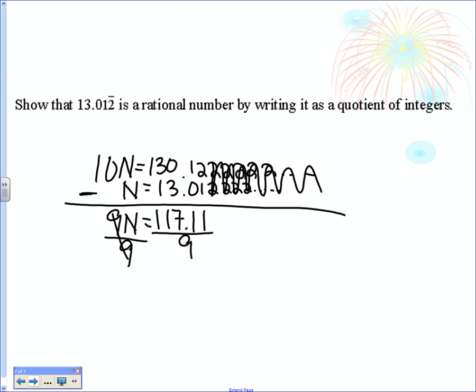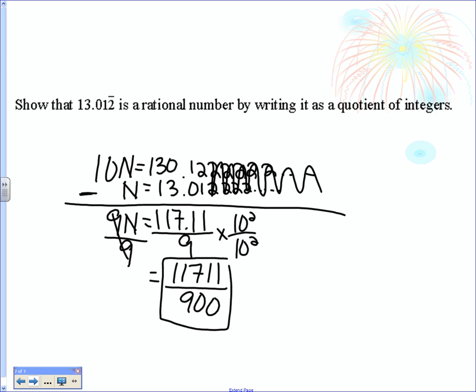What do I need to multiply by? So I need to add 2 zeros to the denominator. What do I need to do to the numerator? 2 places. Check and make sure that that works.